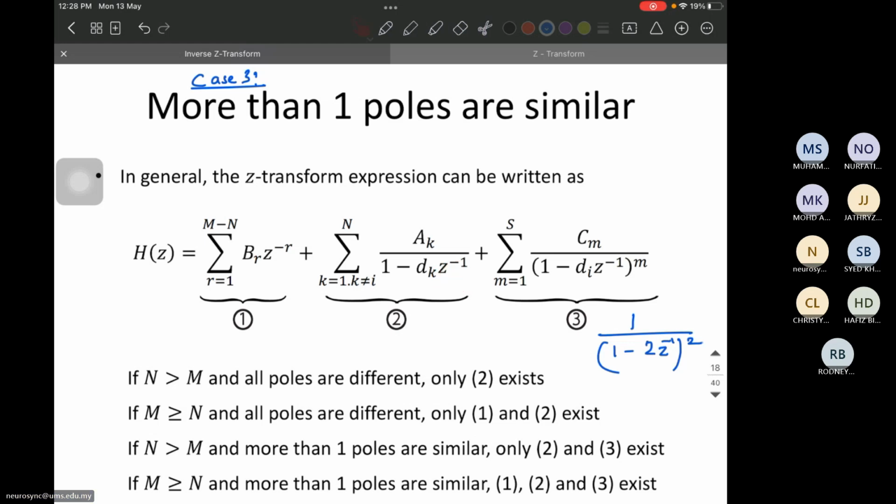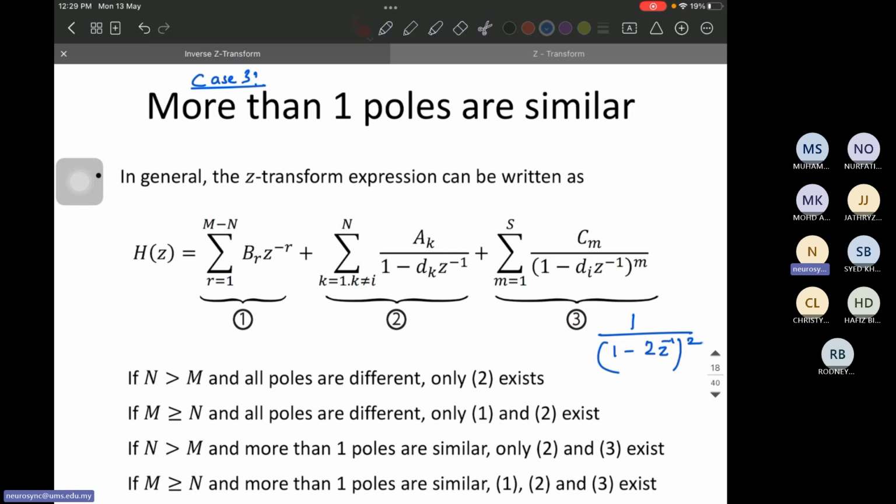And like this also we will find the inverse transformation. So therefore we are talking about this general form. And for what case what will exist, so that we are talking like case 1, case 2, and this is the third case we are looking at.